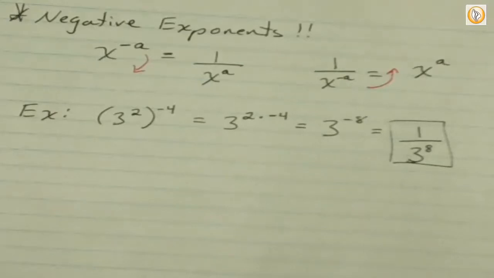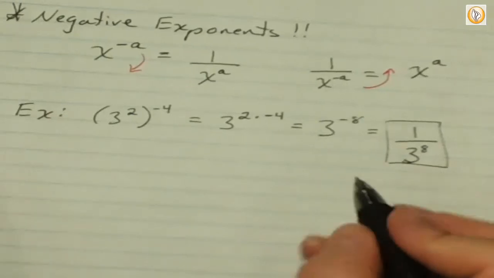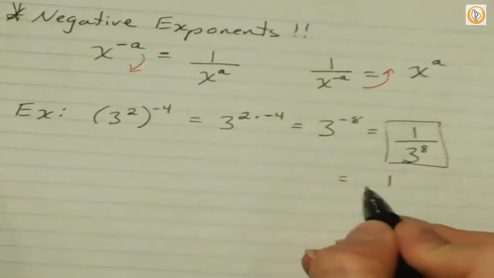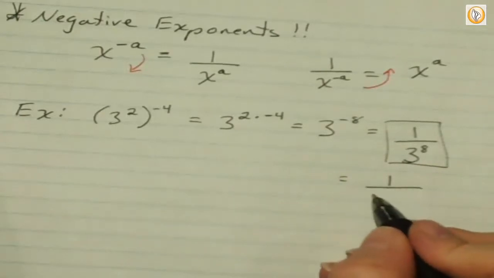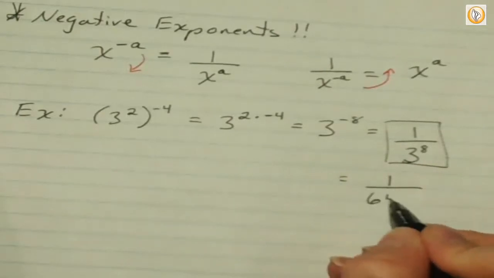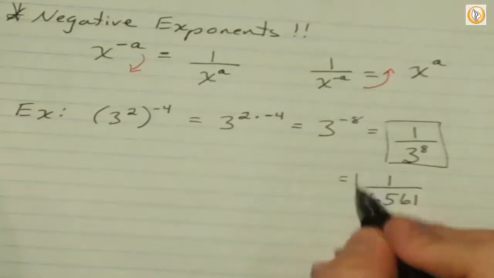I just feel like when you're solving it, would you just do 3 to the power 8 and then put 1 over? Yep. Absolutely. That would actually equal 1 over 6,561.